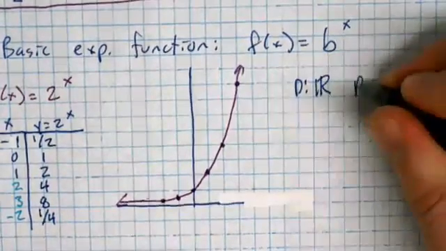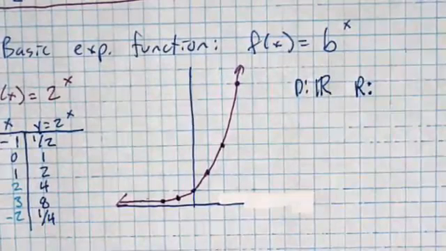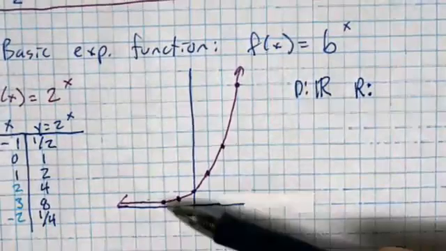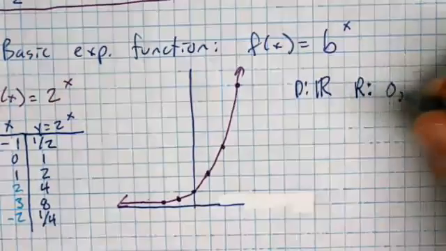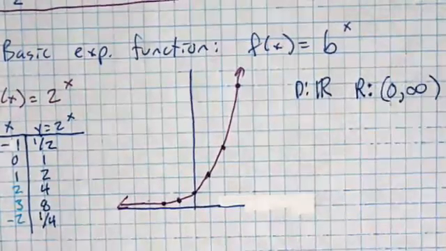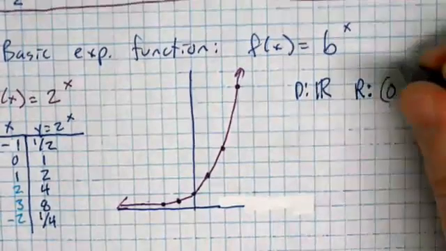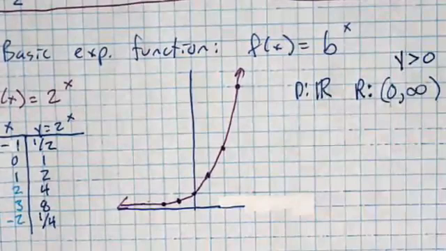What about range? 0 to infinity. Now, does an exponential function ever get down to 0? It gets really, really close, but it never actually hits 0. So 0 to infinity, but not including 0. Parentheses for that 0. We could also say y is greater than 0. Strictly greater than, not greater than or equal to.